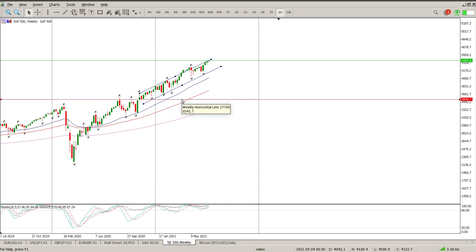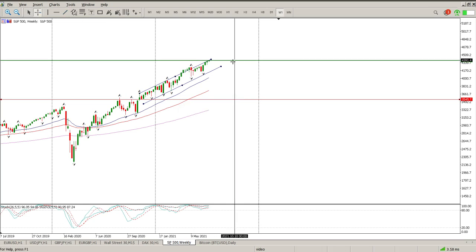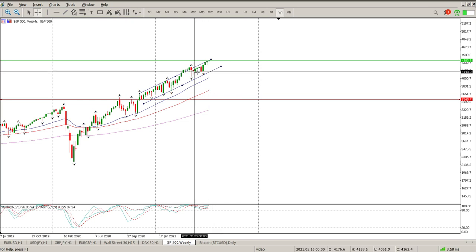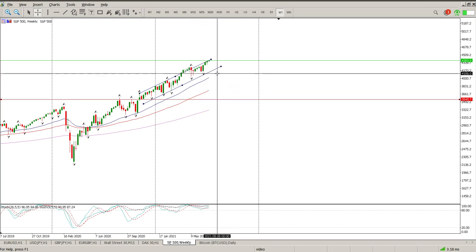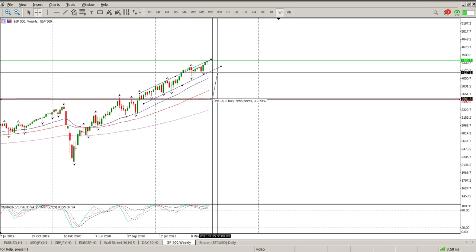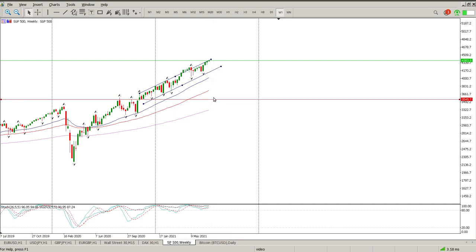So that would be 35, 45, 35, 50 area would pretty much be the target. So that is a massive situation. It would obviously have to break below this level here, and that would be a 13% correction.